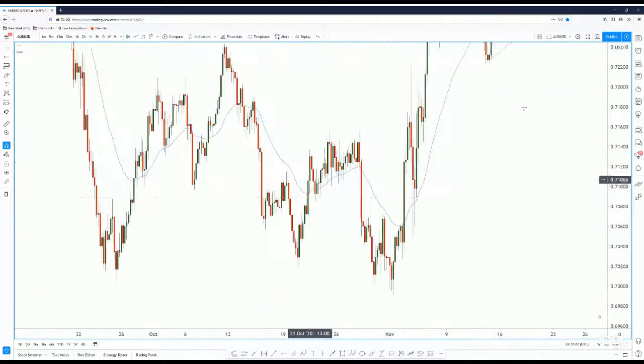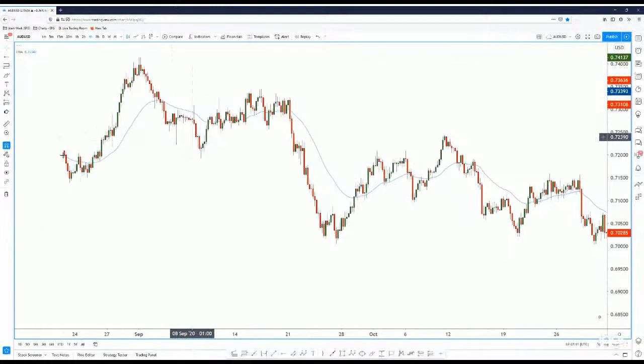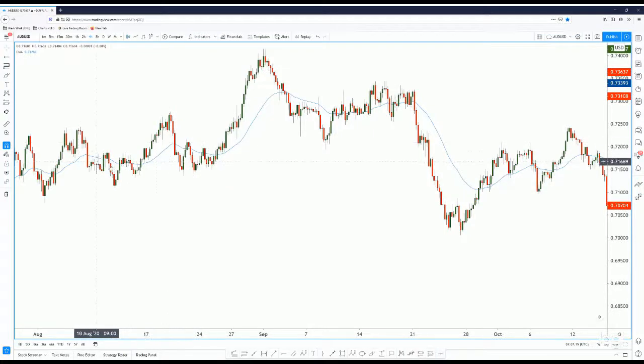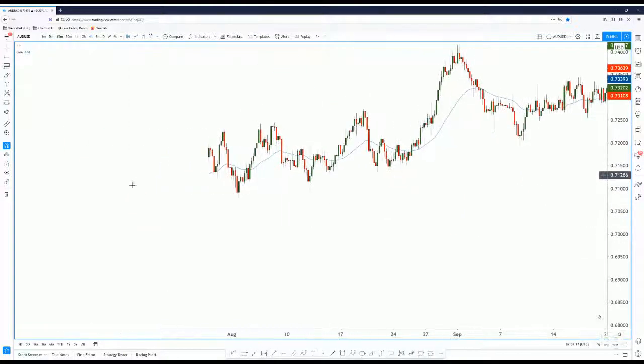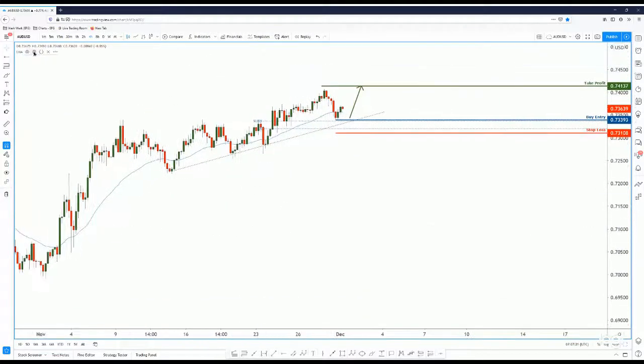Over here, the moving average doesn't really hold the price when markets are trending, so I'm going to back it up a bit and use another number, maybe 55.